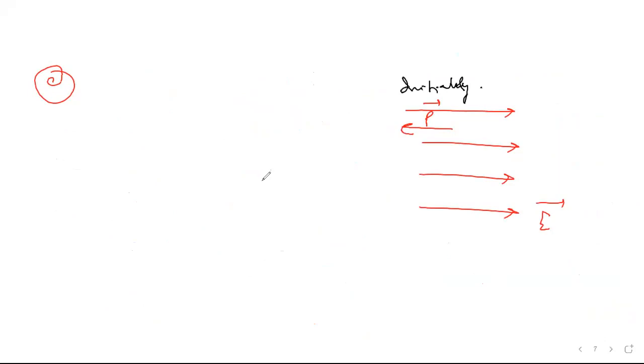We are asked to find the work done by the electric field on this dipole in turning it parallel to the field. That means to this situation. This is the final situation.